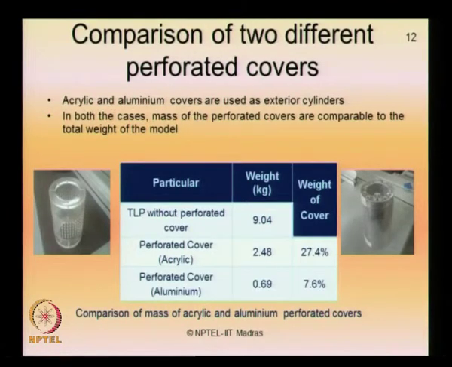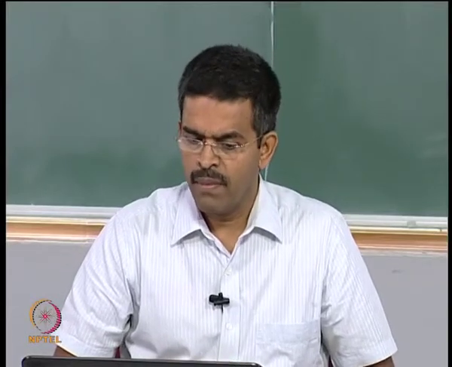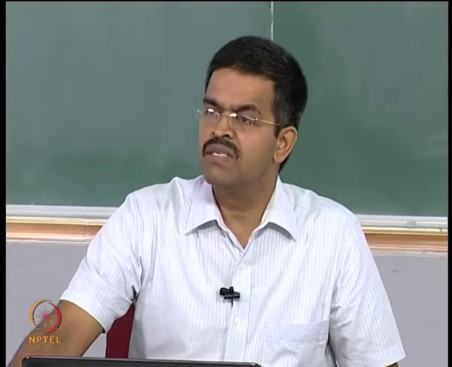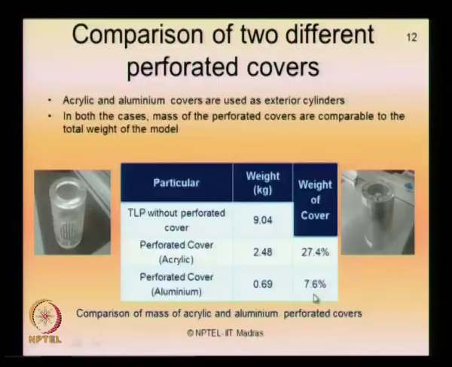In both cases, the mass of the perforated cover should remain comparable to the total weight of the model, but if you use aluminum, the added weight because of the cover is about 7% of the overall weight of the model, whereas if you use acrylic, then the cover weight comes to around 30%.